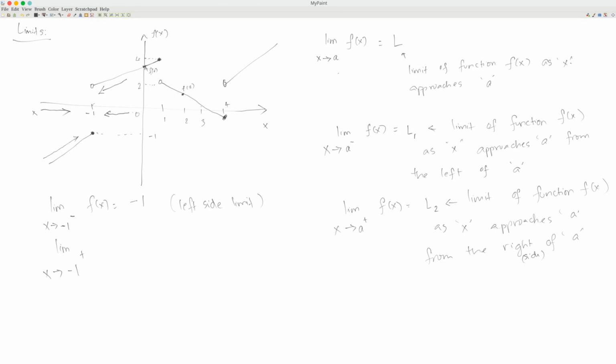As you get closer and closer to -1, the function's getting closer and closer in that direction, and it hits that open door. Now, the function does not take the value 2, but it's getting closer and closer to the value 2. So as you come from the right, the value of the function is +2. That's what we call the right side limit.